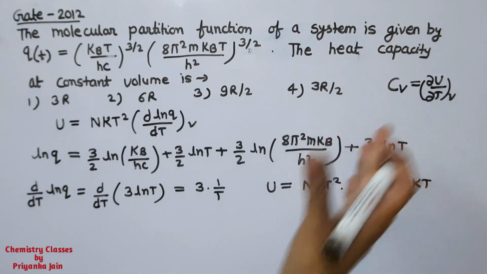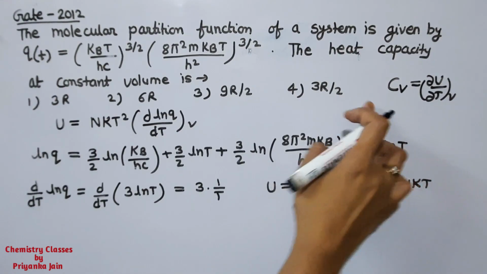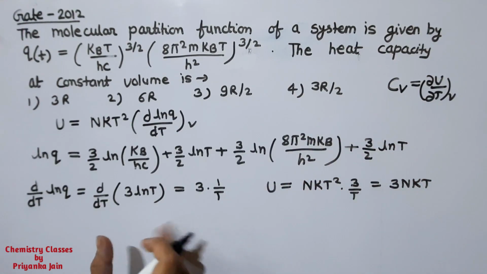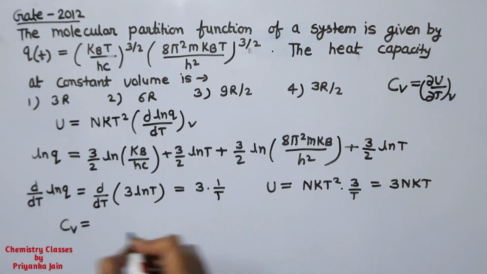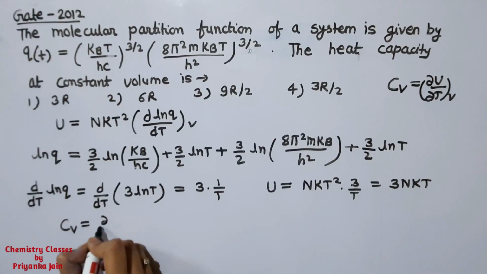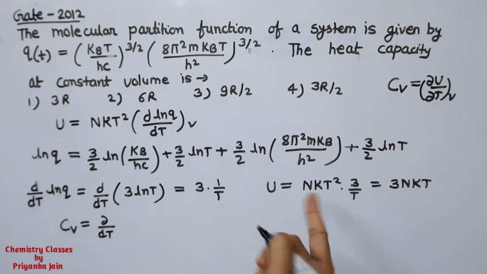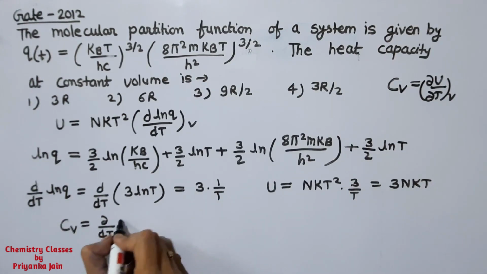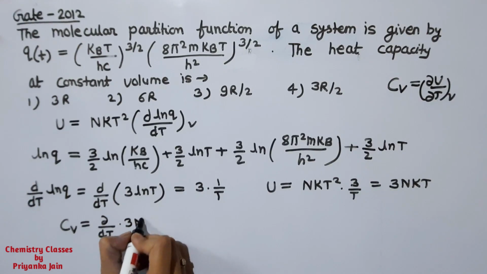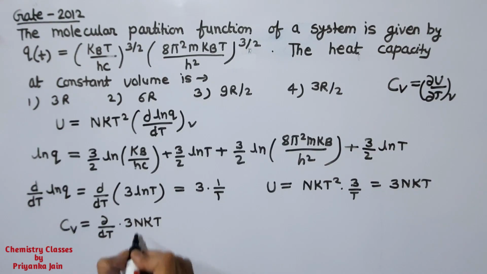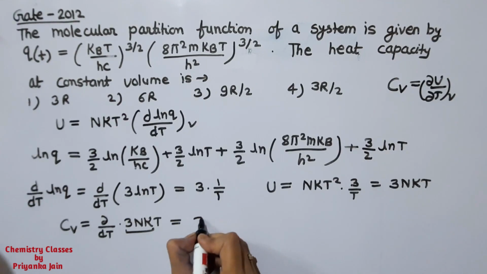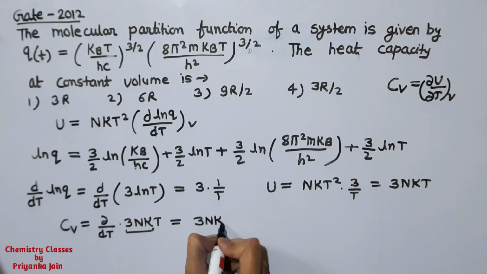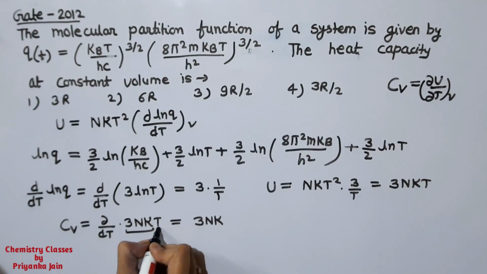Now we have to find out the Cv value, heat capacity at constant volume. So Cv will be equal to d by dt of u. Now see here, this term is a constant term, so its differentiation will not occur, only we have to differentiate t.